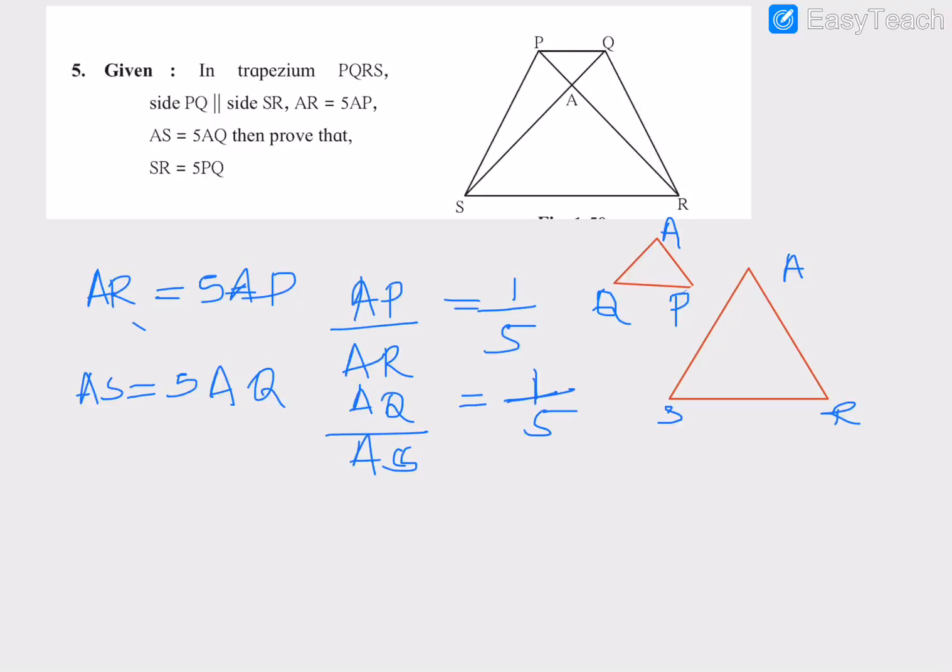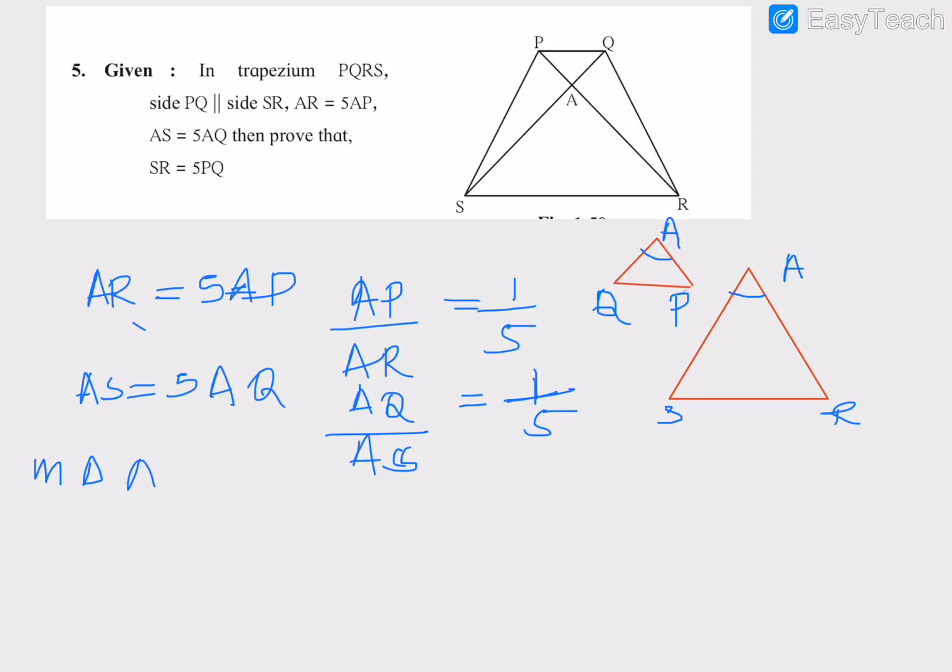From the figure, you can see that a vertically opposite angle is formed at this point, angle A. You can see two lines are intersecting. So the angle A of the two triangles, these two are the vertically opposite angles at this intersecting point. So they will be the same.